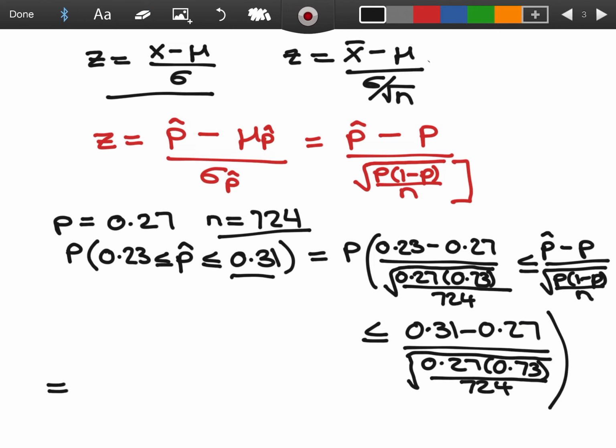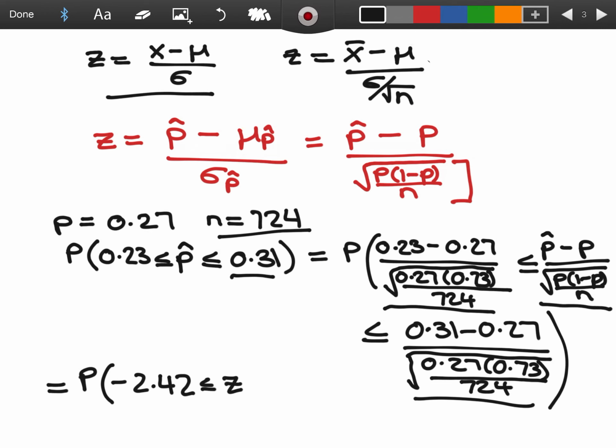When you plug this into a calculator, and you can plug in both sides, you should get that this is the probability that you are between negative 2.42, and this middle part here is just z, from our above equation, which is less than or equal to 2.42. So we started with the probability that our sample proportion would be within 0.04 of our population proportion.